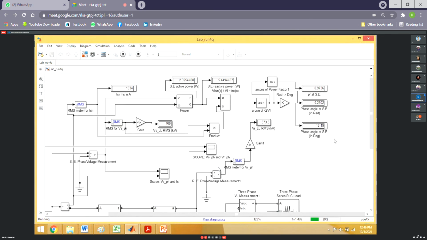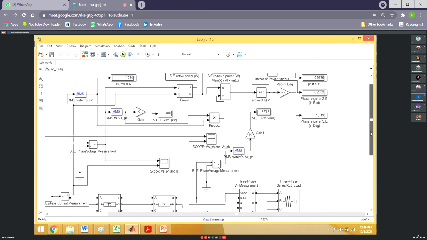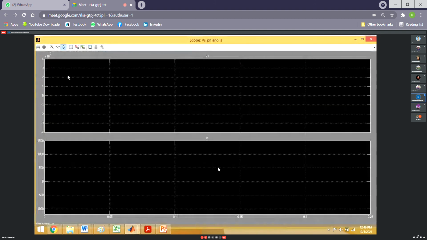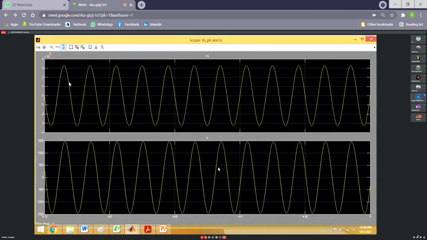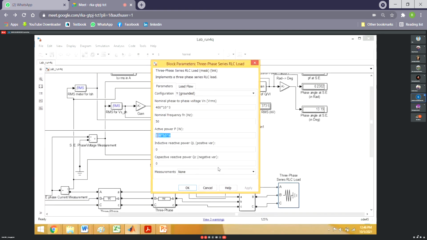When sending and receiving end voltage is 1 per unit, receiving end power was 800 megawatt. Then if we see in the scope, it is not so visible that the current is lagging from the voltage. But if you increase the load, say 1000, then it will be more noticeable. That I want to mention.